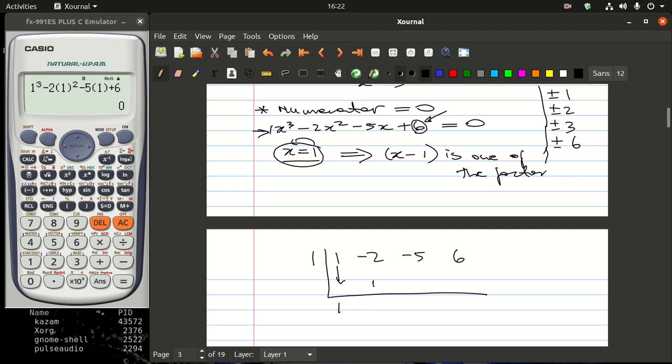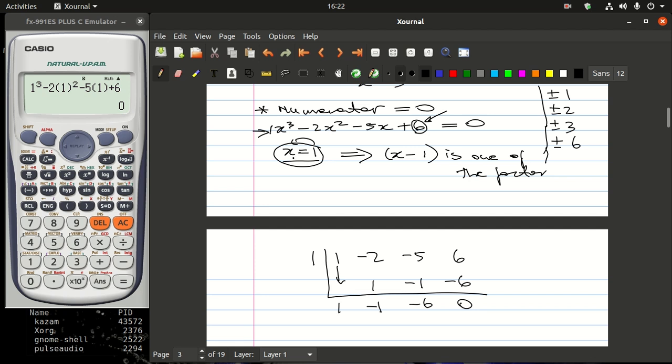So we place a 1 there, and then minus 2 plus 1 is a minus 1. This minus 1 times that 1, we get a minus 1. Minus 5 plus minus 1 is a minus 6. We place this minus 6 here, and minus 6 times 1 gives a minus 6, so we place it here. And then we add 6 plus minus 6, which is 0.